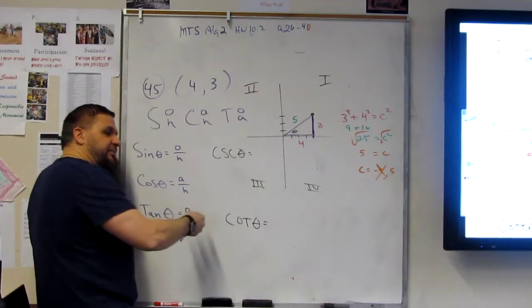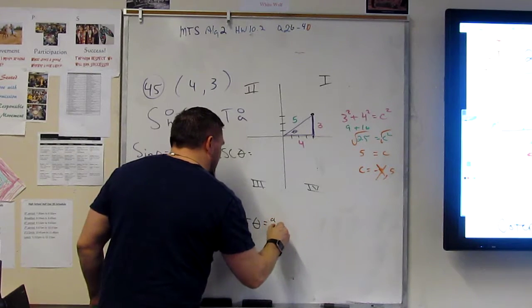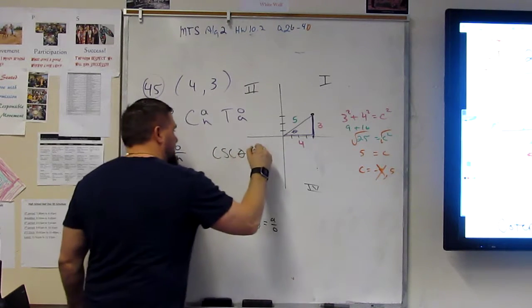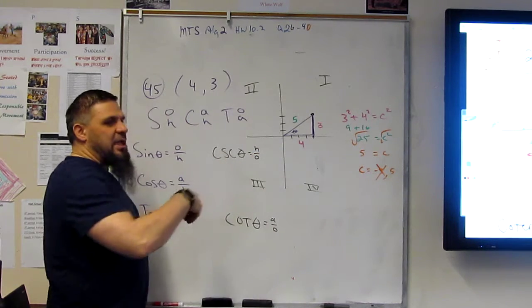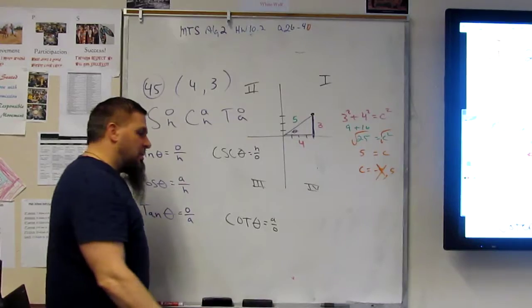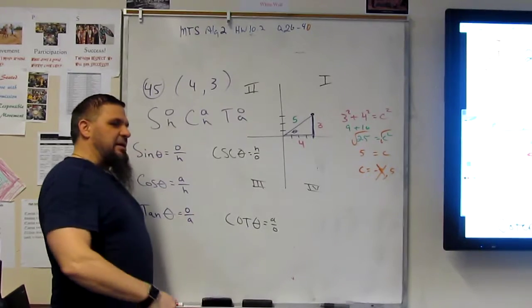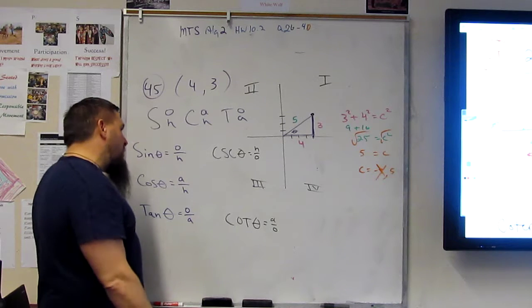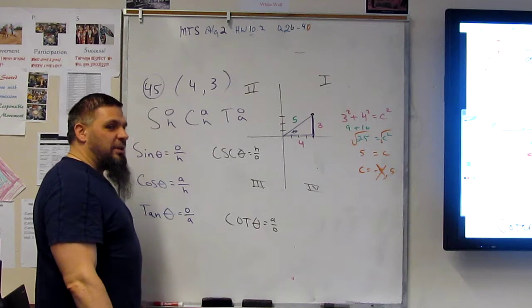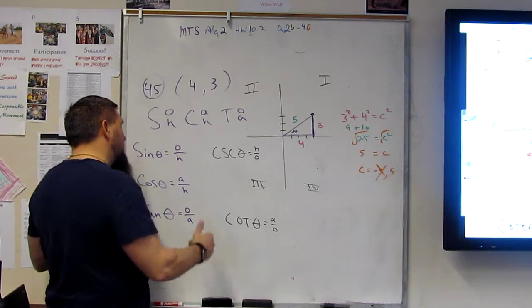And we know that they're inverses, so that means this is A over O. That means this is H over O. So we got cosecant is H over O, and cotangent is A over O, right? And then, what's secant?